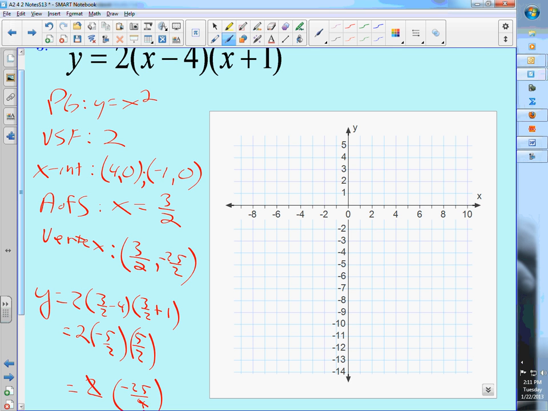1.5, what was it, -12.5, way down here. But your x-intercepts are pretty: 4, 0, and -1, 0. So from here, it's right 1, up how many? Up 2. Left 1, up 2. Right 2, up 8.